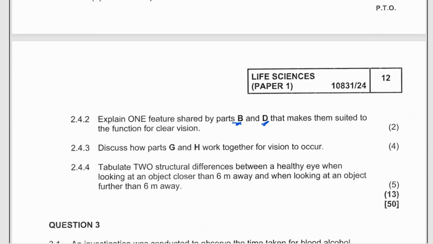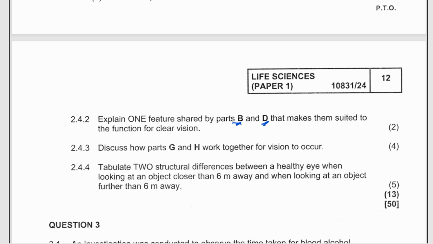So here you say both are transparent to allow light to go through, so that it is focused onto the retina. Or they bend the light, they have refracting power. But since they said a feature, it's better to say transparent to allow light to go through, so that it is focused onto the retina.